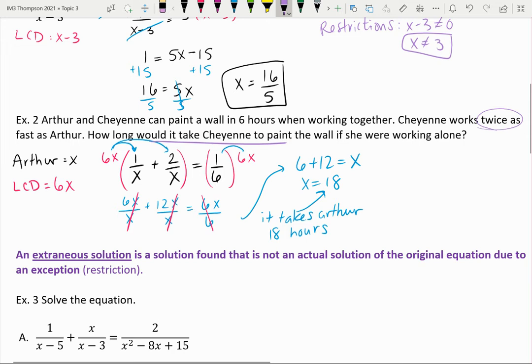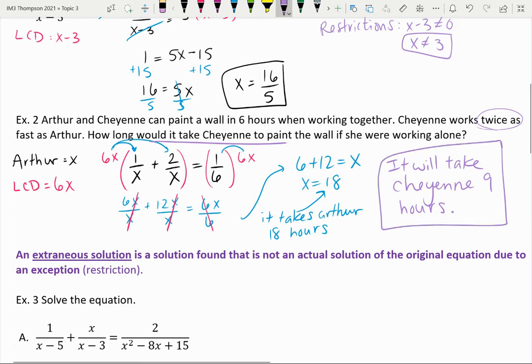Or maybe it's a small wall with a lot of detail in a mural. But if she works twice as fast, that means it's only going to take her 9 hours. You'll see another example similar to that in your review.